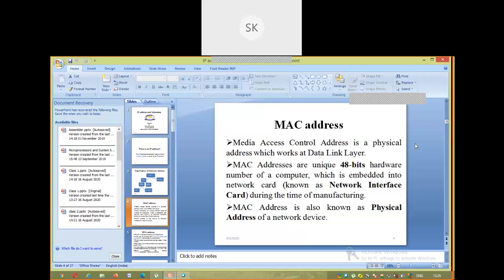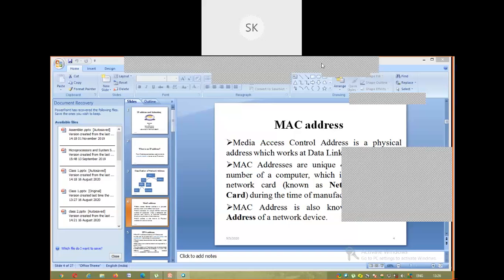Any doubt about MAC address? No, sir. Write in the chat box. How many of you are present and active? Any doubt? Write in the chat box. Repeat one time?